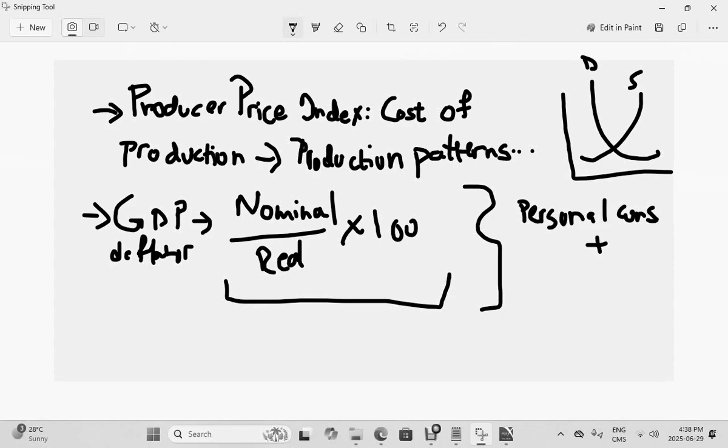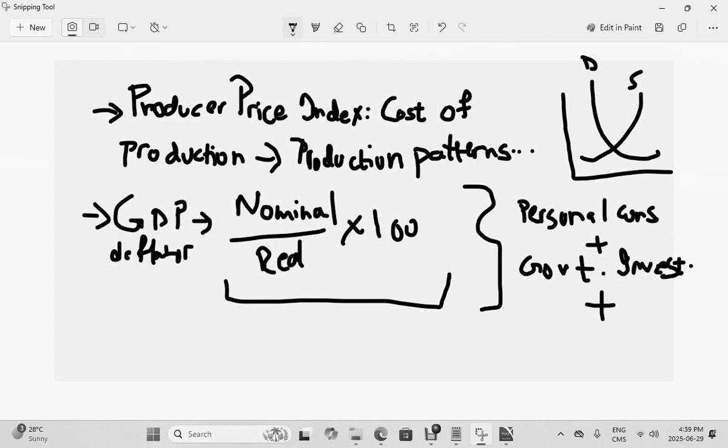You also have government investments, and government spending, so government spending on firms, and so on.